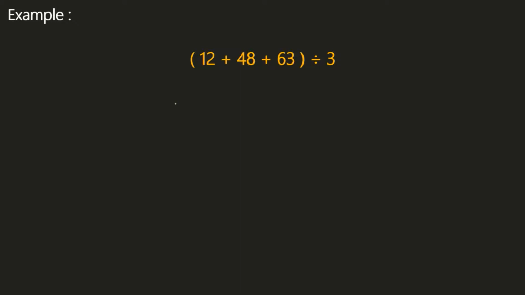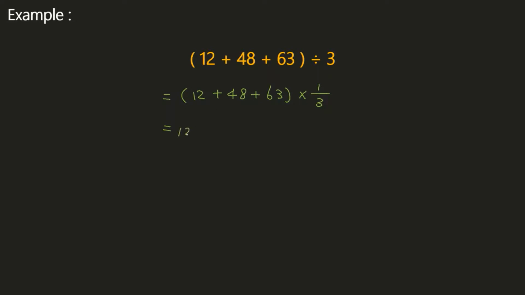Okay, so in this third example, we're going to first use the same methodology, convert this division into a multiplication, and then we're going to use distributive property to solve it. So it becomes 12 plus 48 plus 63 multiplied by the reciprocal of 3, which is 1/3. In the next step, we're going to distribute this 1/3 into each term inside the parentheses.